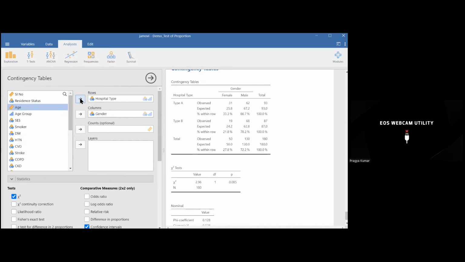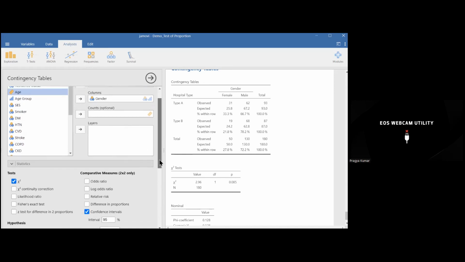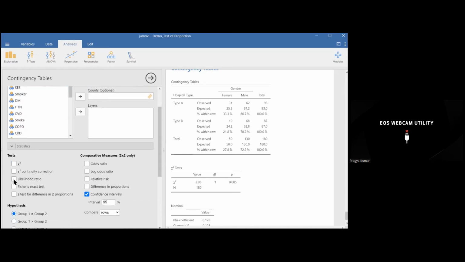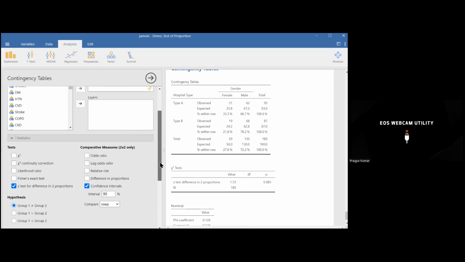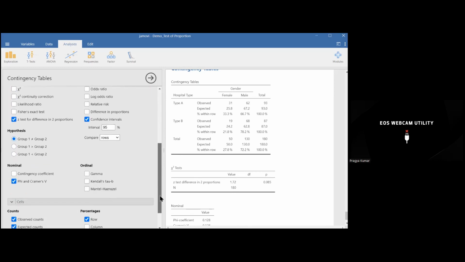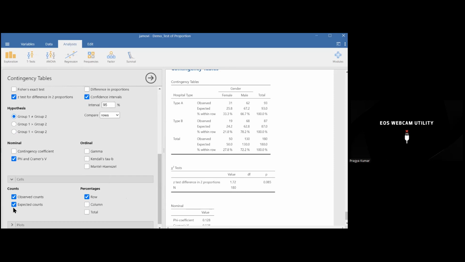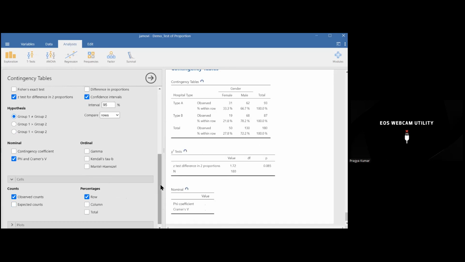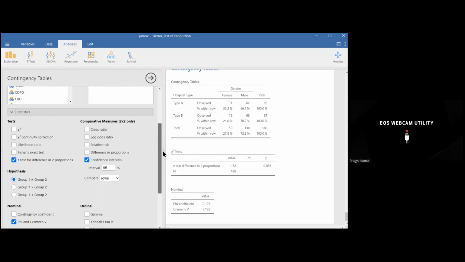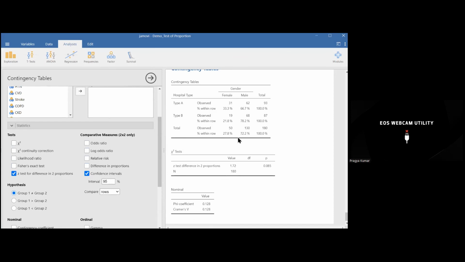Now you can see the expected cell frequency is more than 5 in all the cases. But in this case, instead of chi-square, you have to click the Z test of difference in two proportion. If you click this, you can see the values.